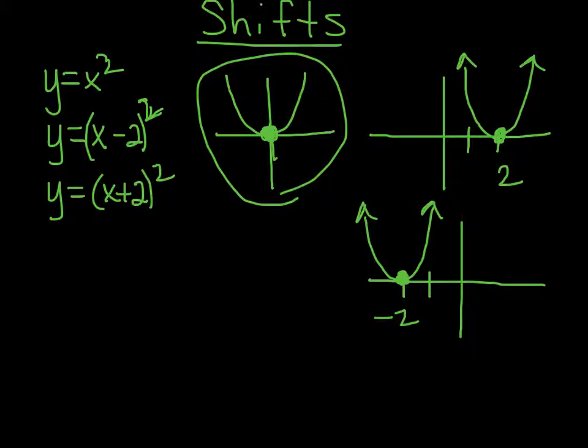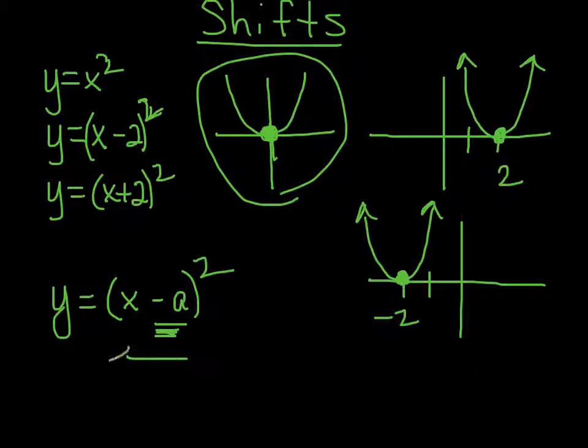So you can see what's actually happening is the number inside the parentheses will determine which direction you're going in, but you actually go in the opposite direction of the sign. Generally speaking, if you see an equation like this, the number in here will determine a horizontal shift, but in the opposite direction of the sign.